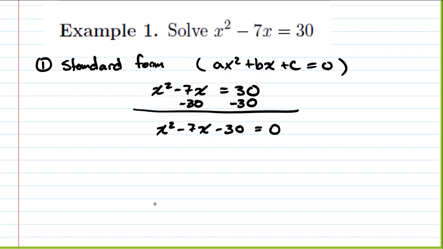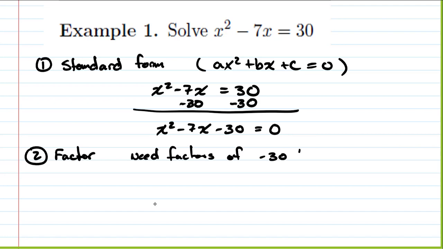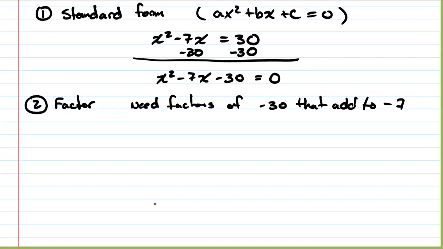So now, step 2 is we're going to need to factor. And there are many, many different ways of factoring. For this one, we're going to use our PQ method, which states we need factors of C that add up to B. So we need factors of negative 30 that add to negative 7. We could make our factor list for 30: 1 and 30, 2 and 15, 3 and 10, 4 doesn't work, and 5 and 6.